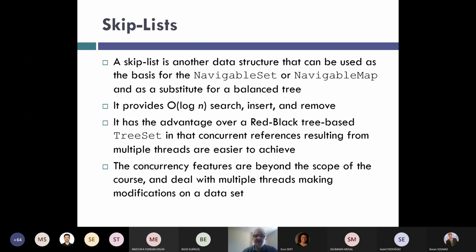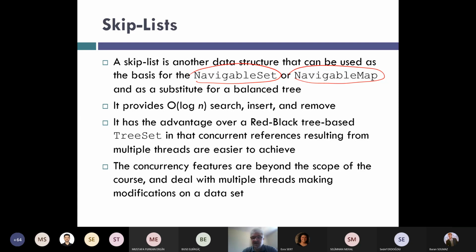So we can use this data structure to implement navigable set or navigable map. Remember, in Java, both of these are implemented using a red-black tree, but we can use a skip list instead of a red-black tree.